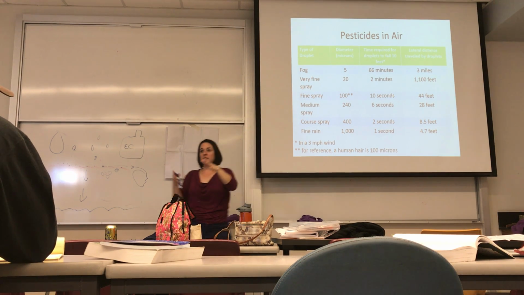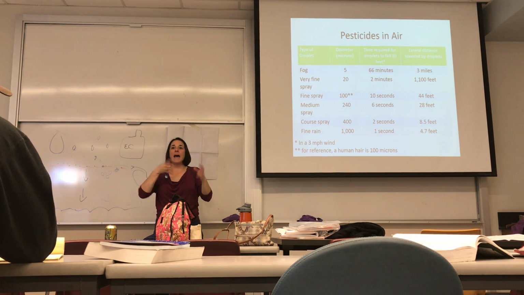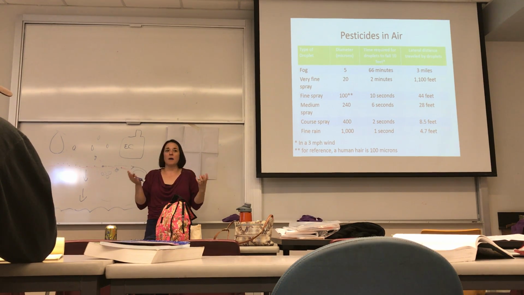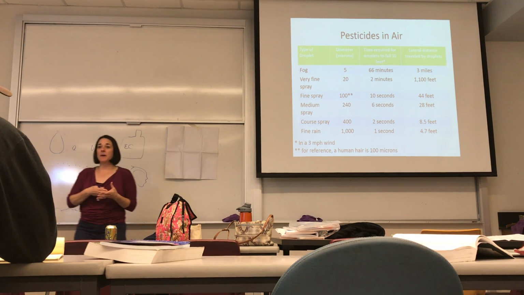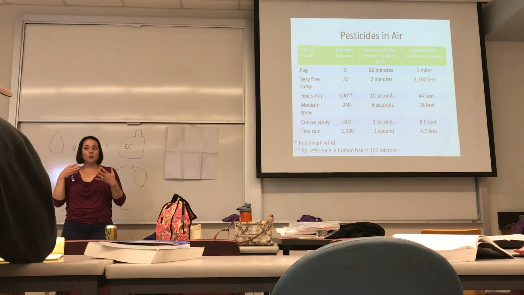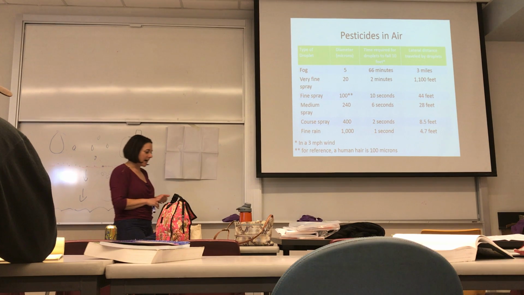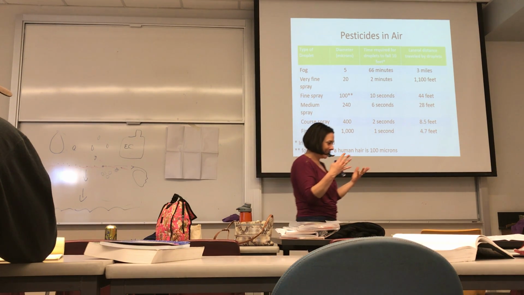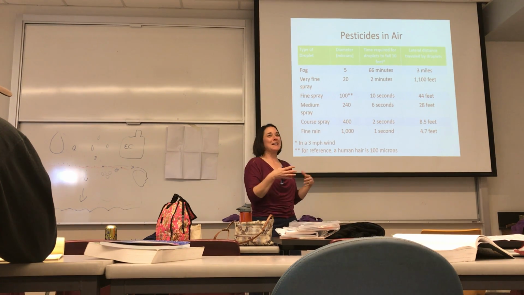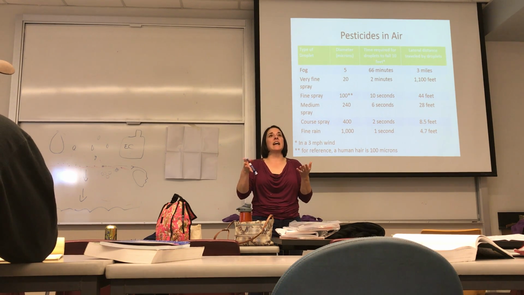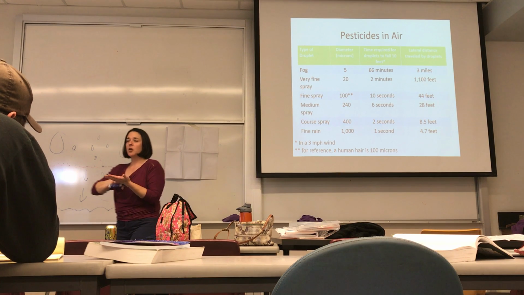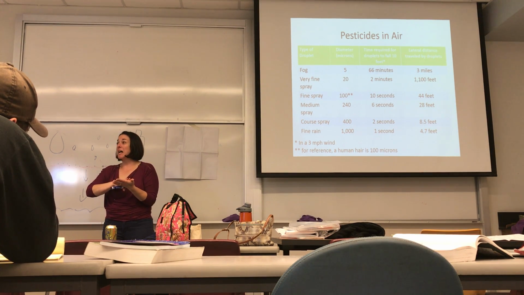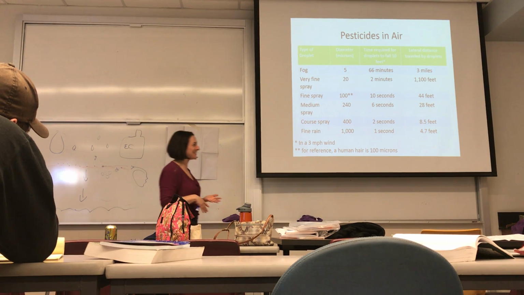But of course, we've already discussed that there's a balance, because you can't just go with the coarsest droplet size you can possibly get, because you might not get really good coverage. If you've got a pesticide that requires good coverage, like something that needs to cover the entire surface of the leaf, so not a contact pesticide but a systemic pesticide, that's what I'm trying to say.